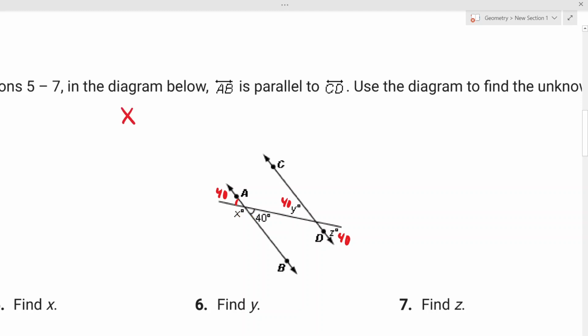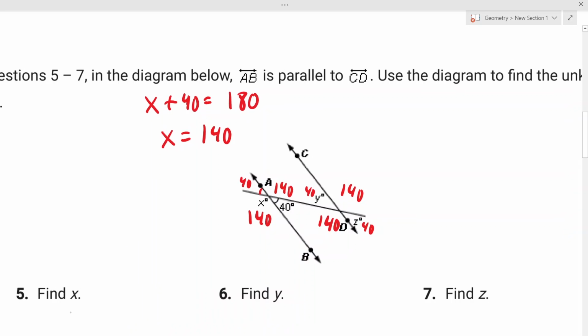So x plus 40 has to be 180. They're called supplementary. So if you solve that, you get x. If you subtract 40 off each side, you get 140. So this is 140. This is 140, this is 140, and this is 140. So x is 140, y is just 40, and z is also 40.